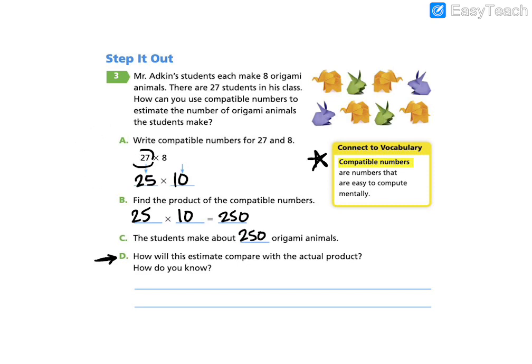27 and 8. In 27, we chose the compatible number of 25, which is a little bit less than 27. We have the factor 8, which we rounded to 10. If you think about the jump between 27 to 25 and 8 to 10, while they both are only 2, right? We go 2 less to get there and 2 more to get to 10. 27 and 25 and 8 and 10, this is a larger number that we're multiplying by than this.